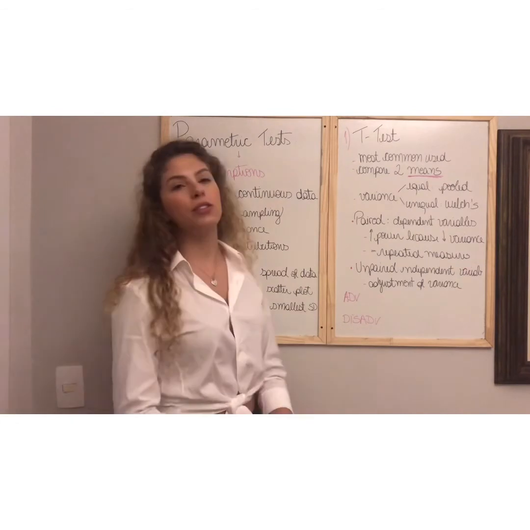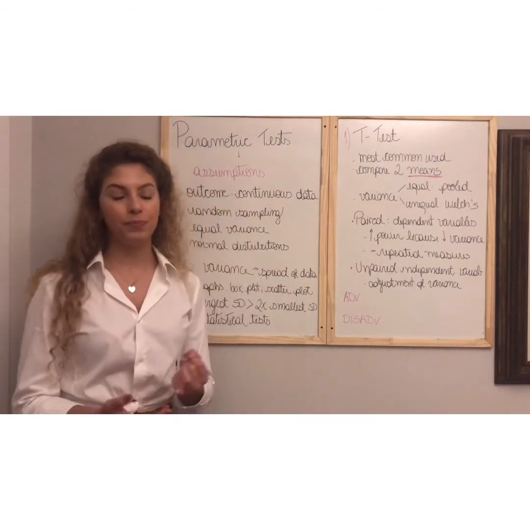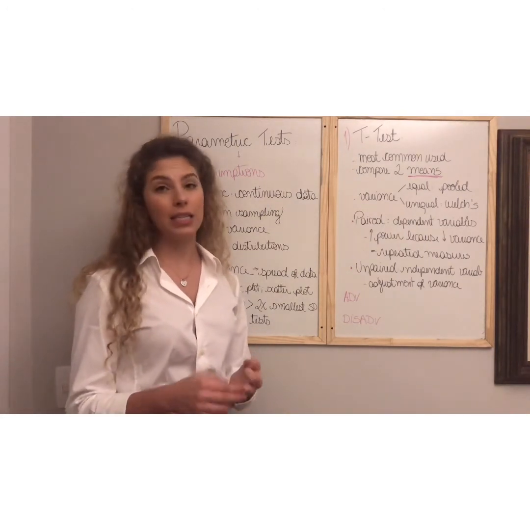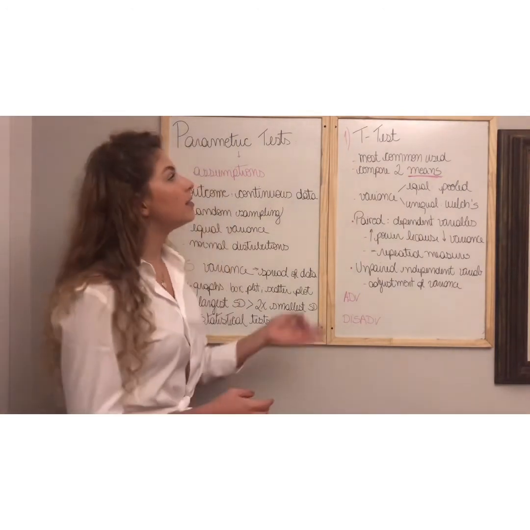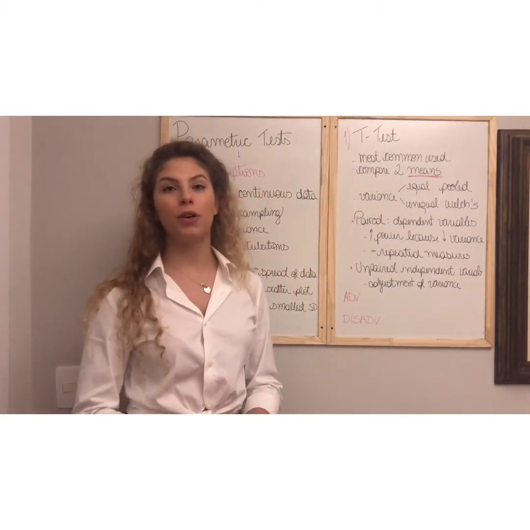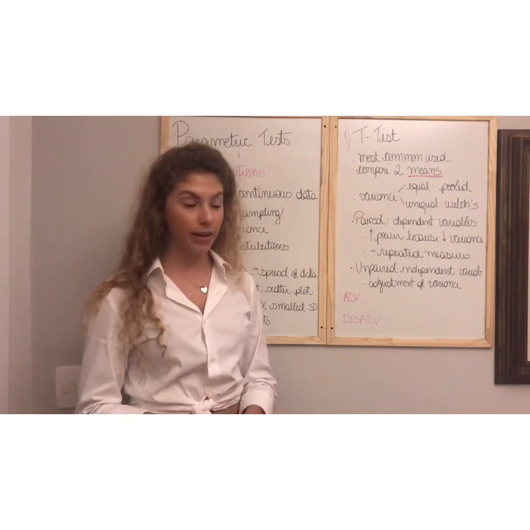Okay, then we go back here. The advantages of the t-test. Well, it is a simple test, it is easy to understand, it is relatively easy to calculate, and it is the most commonly used. It is also robust to small violations of the normal distribution assumption, right?